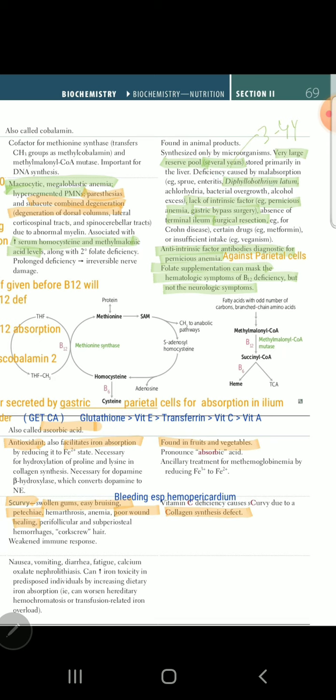Then important is the lack of intrinsic factor, specifically if there is autoimmune destruction of intrinsic factor or parietal cells. So anti-intrinsic factor antibodies are diagnostic of pernicious anemia. In pernicious anemia, there are autoantibodies against intrinsic factor and against parietal cells as well, because parietal cells secrete intrinsic factor.